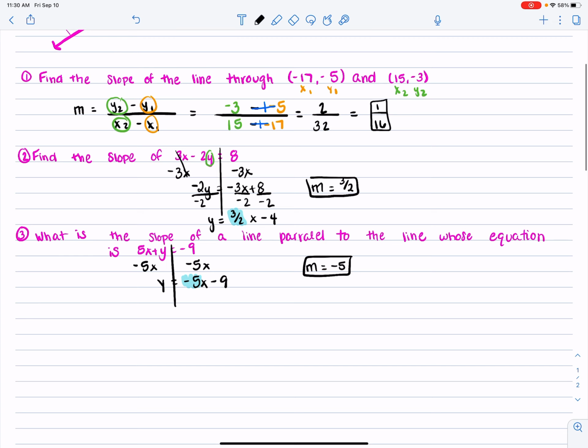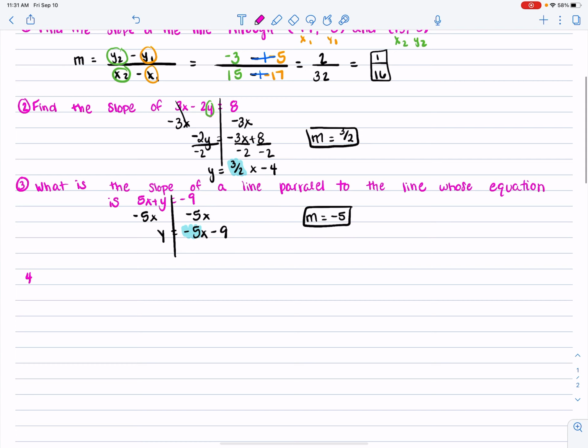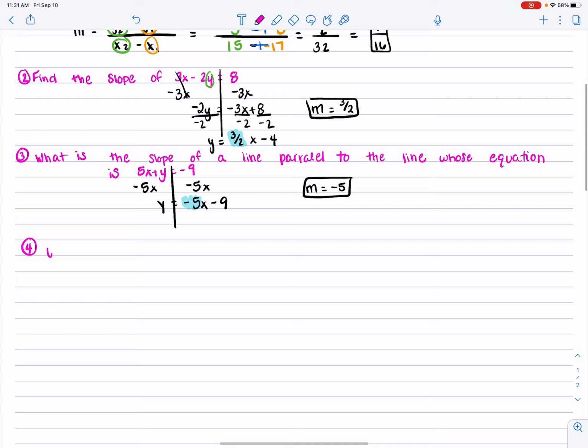Okay, next example. Number 4. Which equation represents a line which is parallel to the line x minus 2y equals negative 6.